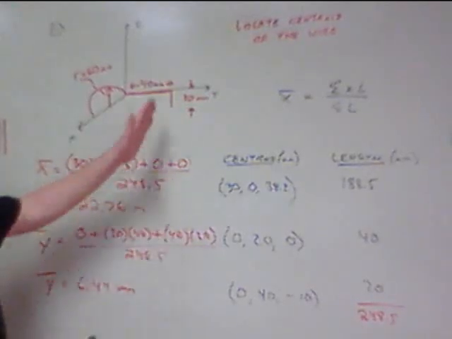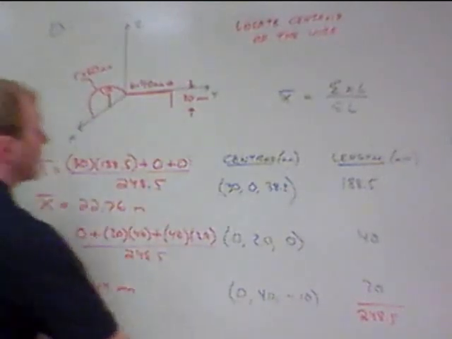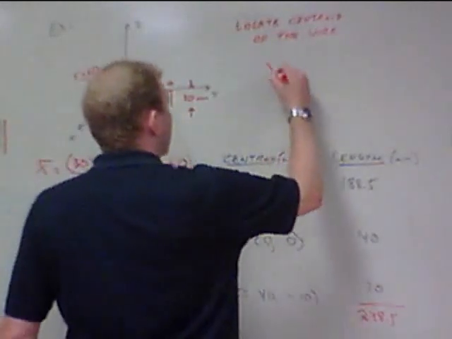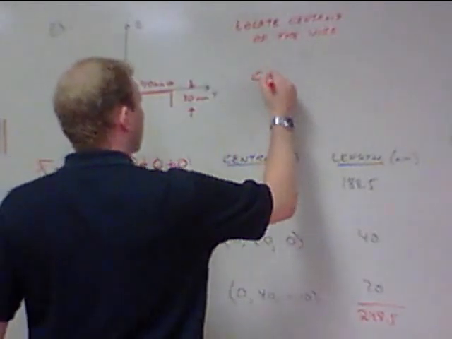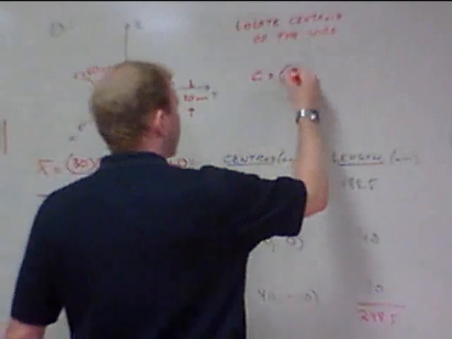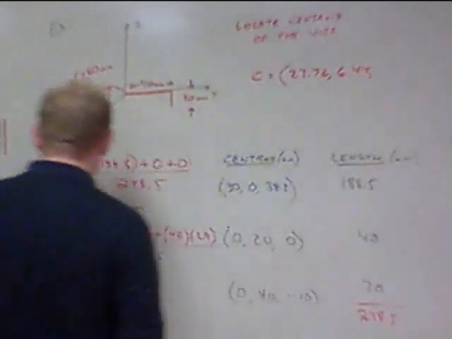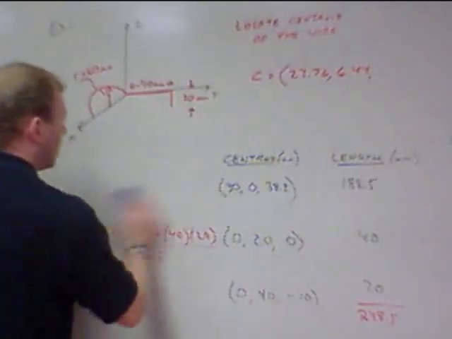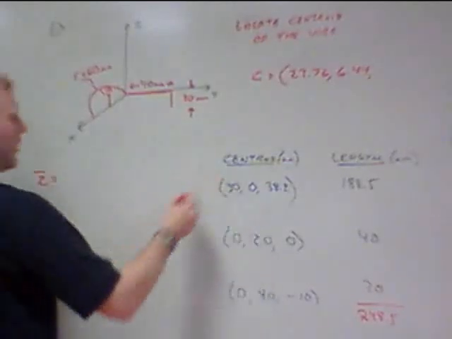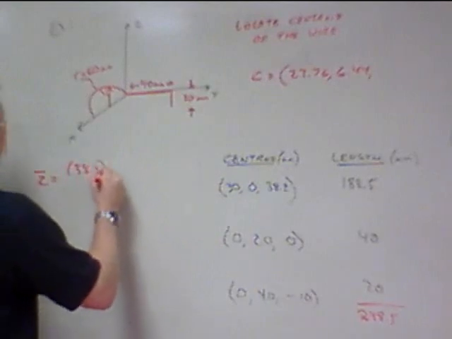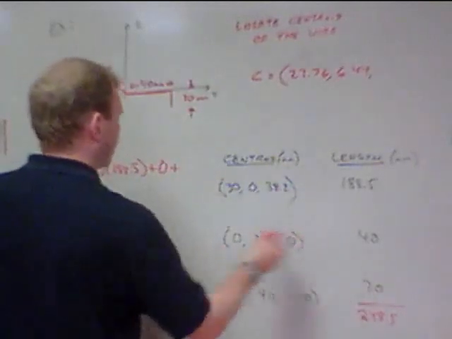So the y center of mass is only 6.44 out here. So our centroid is at 22.76, comma 6.44, and then the z is the last piece. We have 38.2 times 188.5 plus 0 times 40 plus negative 10 times 20.